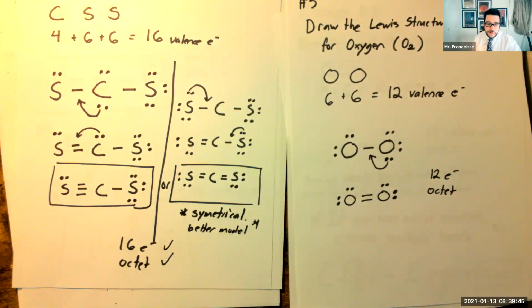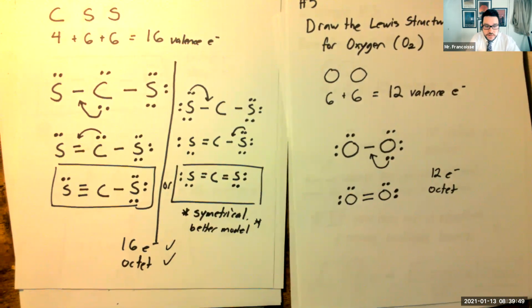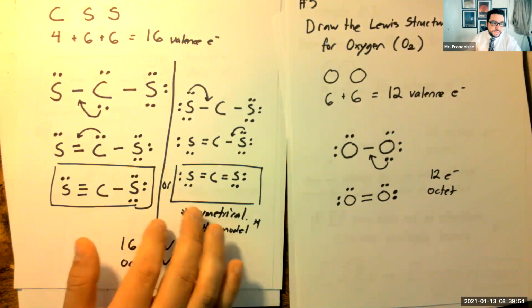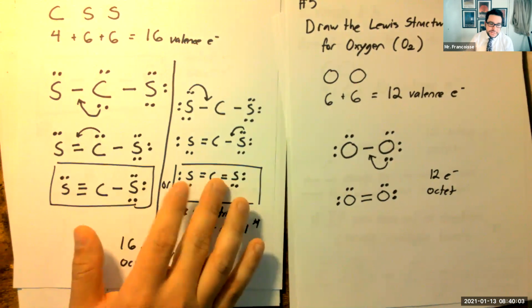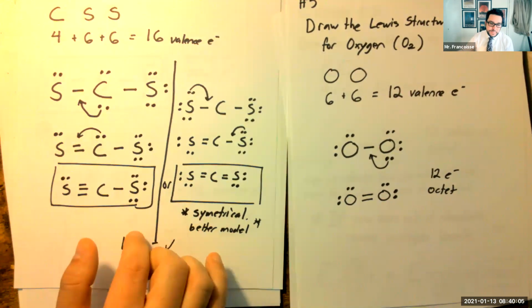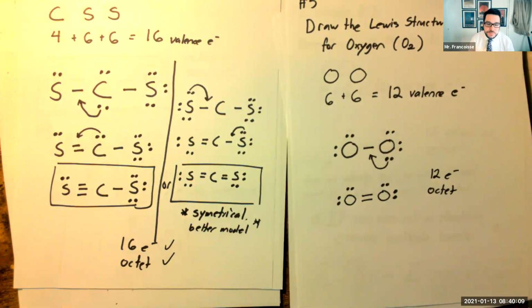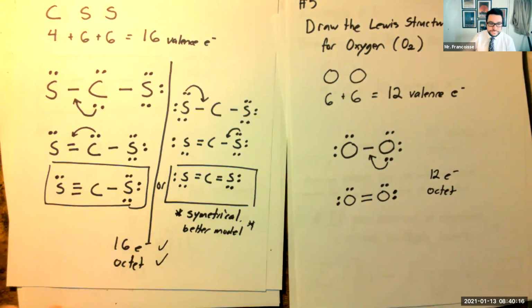It gets more complicated than that. There is a way that we can check to make sure one of these is a little bit better than the other, but that's kind of beyond the scope of what we're doing. Both of these do exist in nature. It's just, well, this one is more preferred, and we can say it's due to it being symmetrical, because we want to think that these sulfur want to have kind of the same configuration.